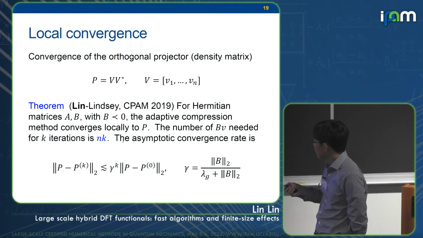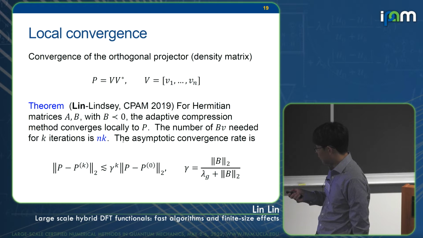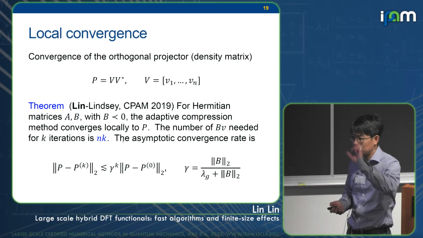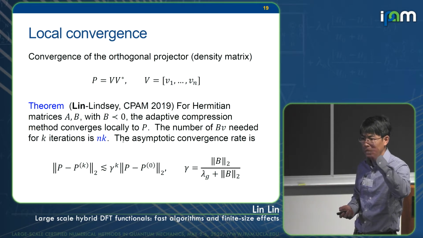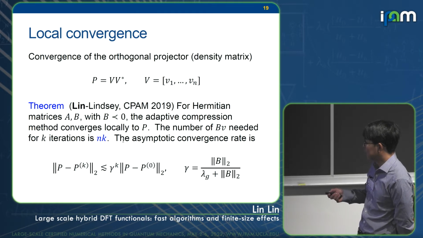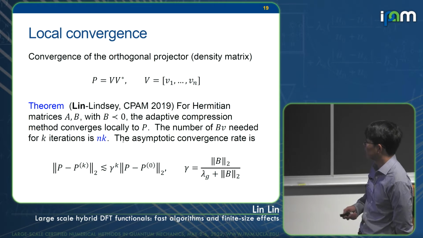So if you give me any Hermitian matrices A and B, with B negative definite, then the adaptive compression method stated earlier converges locally, meaning that you start from a local neighborhood of the true density matrix. It converges locally to P. And with k iterations, the number of expensive matrix vector multiplications is n times k, where n is the cost per iteration.